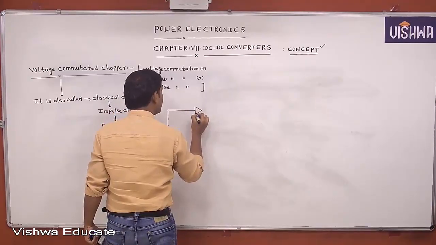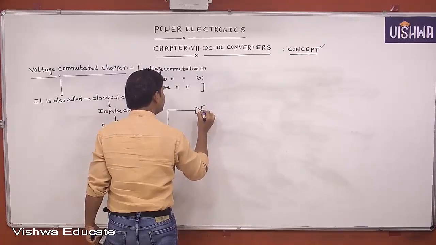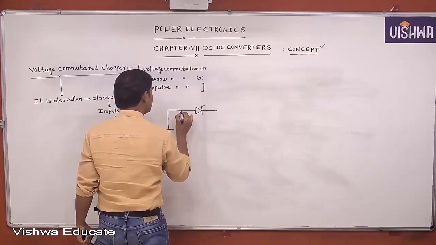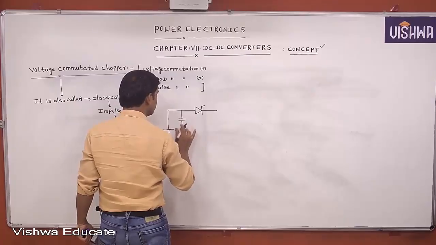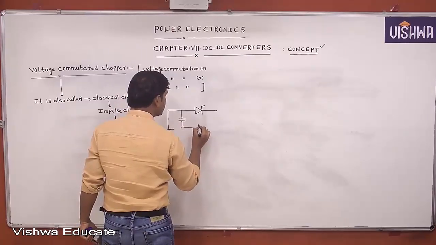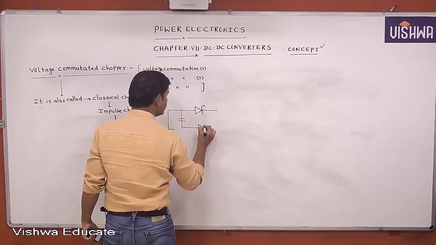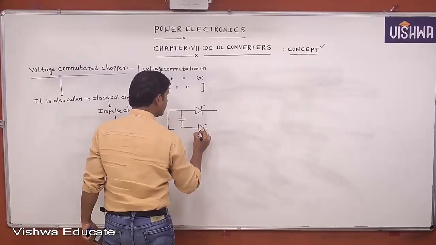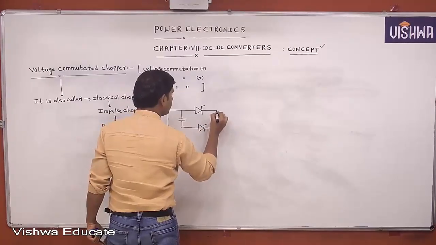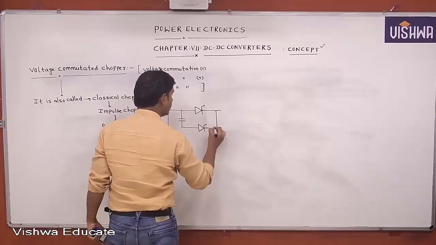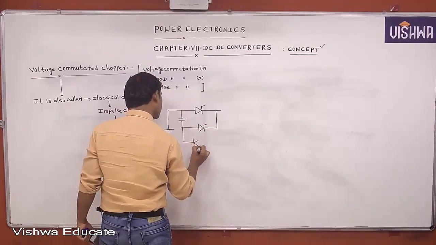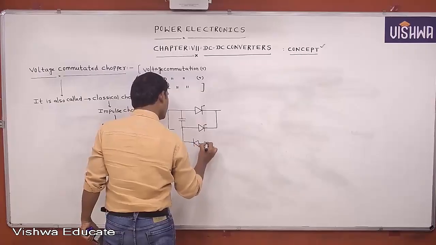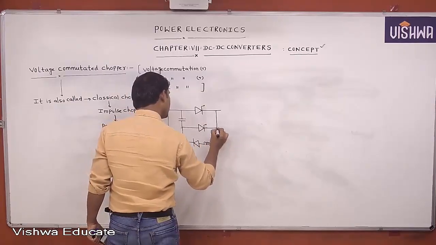This is the main thyristor. This is a capacitor. Auxiliary thyristor. Diode. Inductor.